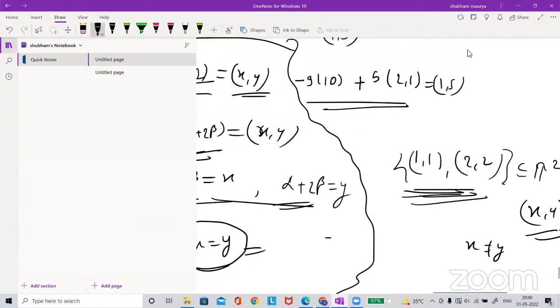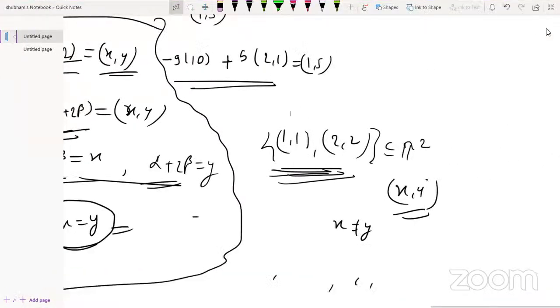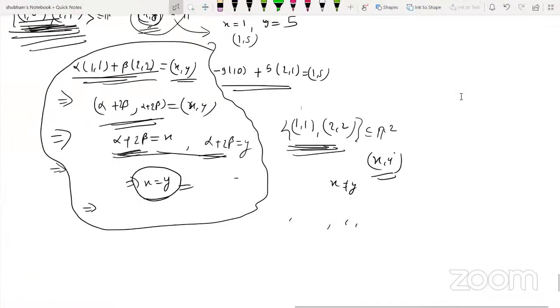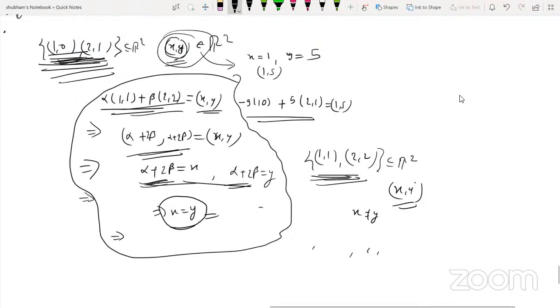But sir, it will generate a subspace of R2. Yes, that is one subspace. It would generate a subspace, but it would never generate the entire R2. So is it clear when a set will be a span or not?